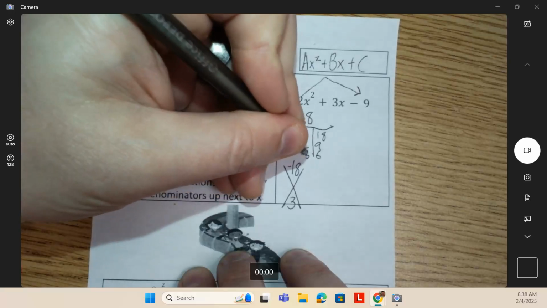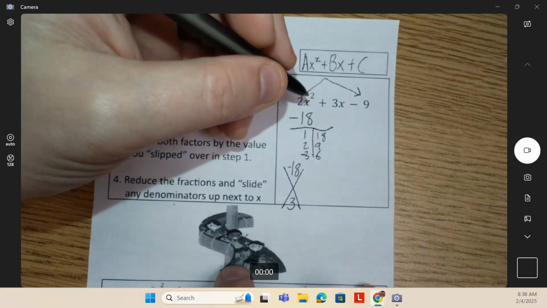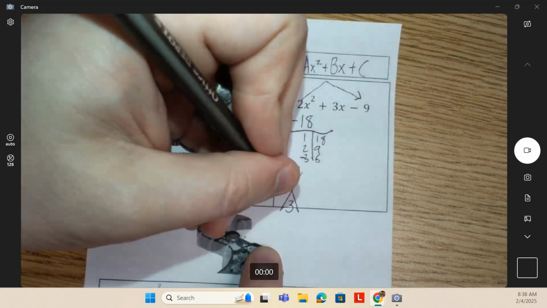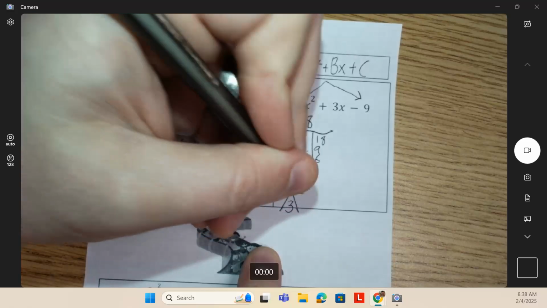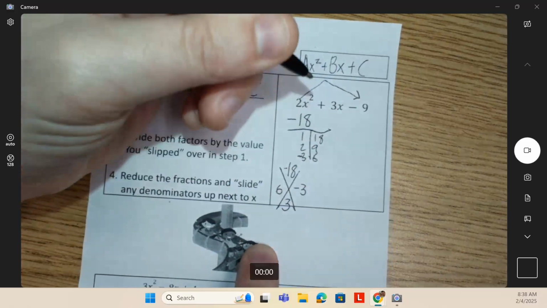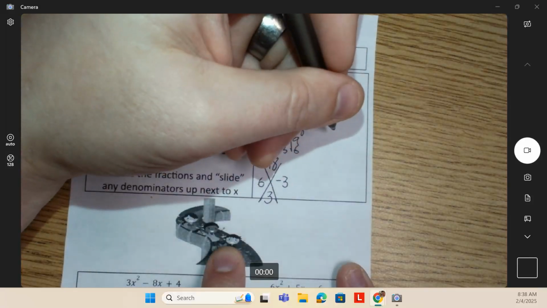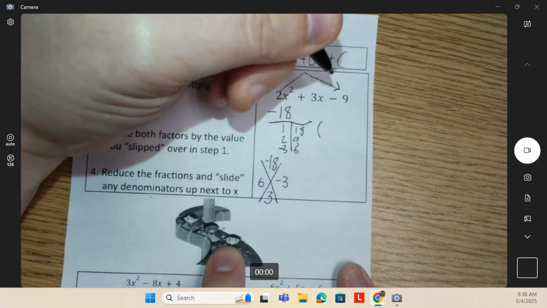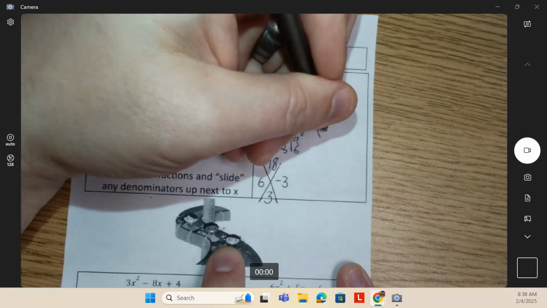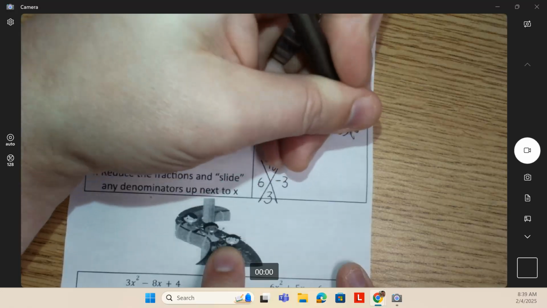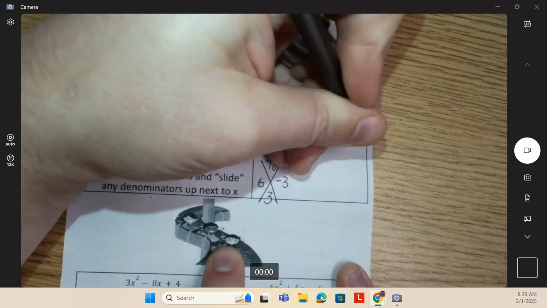So if I do 6 minus 3, that's going to give me the 3 there. So I'd have a positive 6 and a negative 3. And so let's go ahead and write our binomial, but this will be kind of an in-between because we're not done yet. So I have x plus 6 and x minus 3.